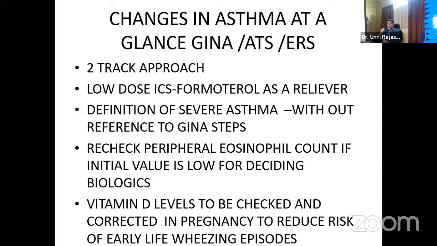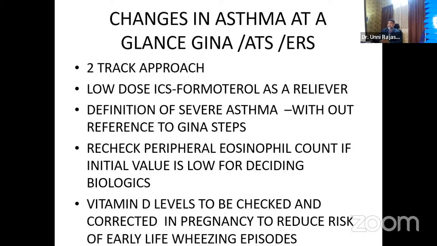There is a recommendation to look at the peripheral eosinophil count again if the initial value is low, for deciding on biologics. This is important for patients, because sometimes patients on MART therapy find that their eosinophil counts change, so there may be a chance that the patient may benefit from biological agents. So we need to recheck the peripheral eosinophil count if the initial value is low. This is very important, they have mentioned.